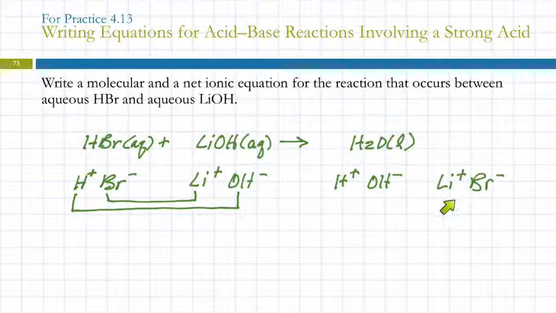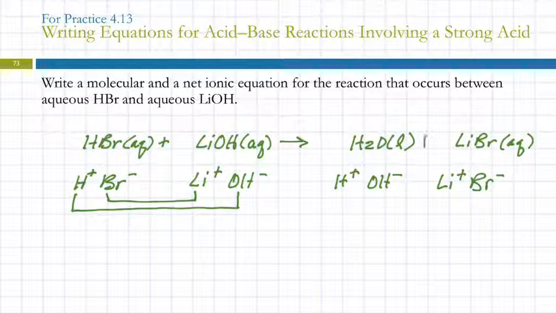And then I can write the formula for this, LiBr. Is that soluble? Remember that table? The first row, lithium, sodium, potassium, ammonium compounds, always soluble, no exceptions. This is soluble, so I'm going to say aqueous, it's dissolved in water.